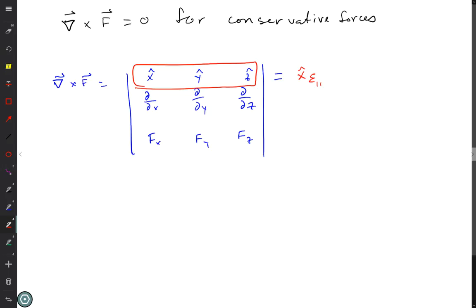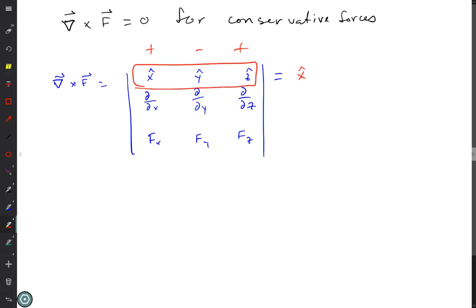So 1, 1, the Levi-Civita is just 1. 1, 2, it's going to go to -1. 1, 3, it's going to go back to +1. It just alternates signs. So let's not worry about trying to learn the Levi-Civita symbol. We'll just learn it's going to be plus, minus, plus for those portions.